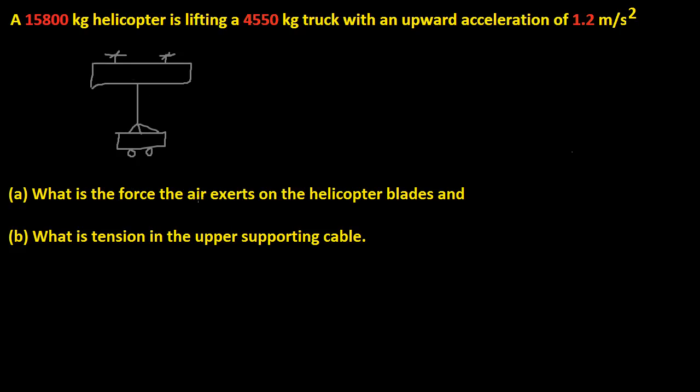What is the force the air exerts on the helicopter blades? Well, let's see. What is this whole system? In order to figure out the weight, let's figure out the masses of this whole system first. And that would just be 15800 plus 4550 kilograms.